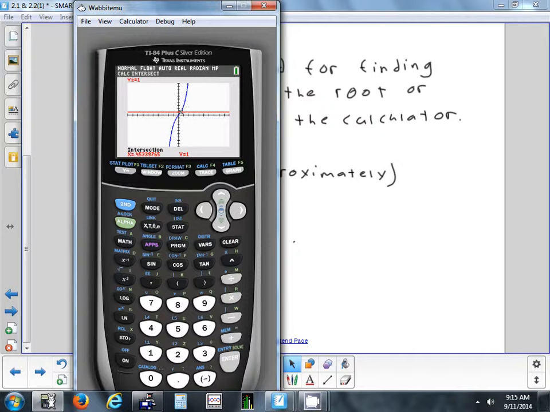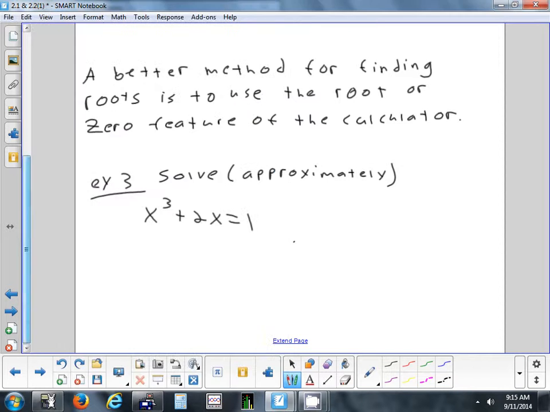Did anybody try it as a root and get the same answer? Try it? Yep, you get the same. What were the y values you put in to the calculator to get that? I put x cubed plus 2x in y1 and then 1 in y2. Those were the two equations I graphed.